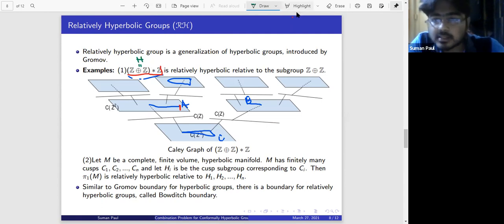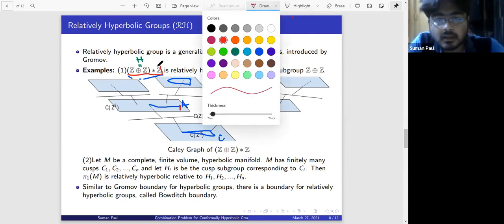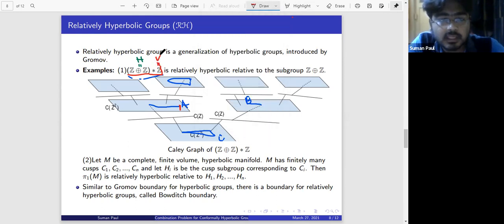So H is Z direct sum Z, and call this group K. As we have seen earlier, we take the Cayley graph of H here, and from each of its points there is an edge between the Cayley graph of K. And again from each point of the Cayley graph of K there is a plane.